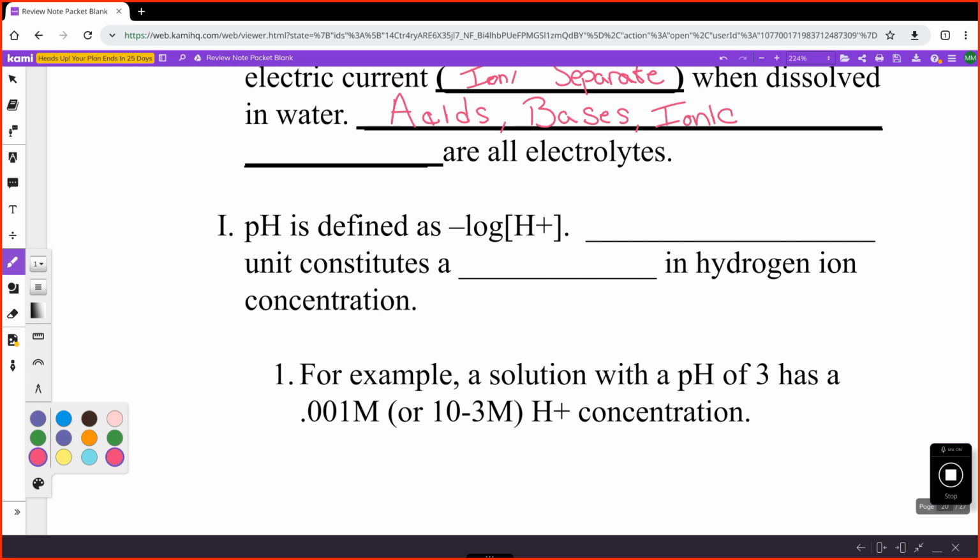So the thing that you have to know, though, is if we change the pH value, it's going to result in an exponential change.